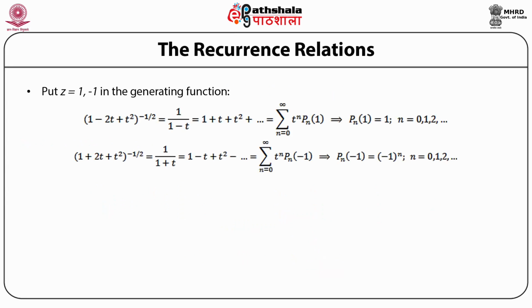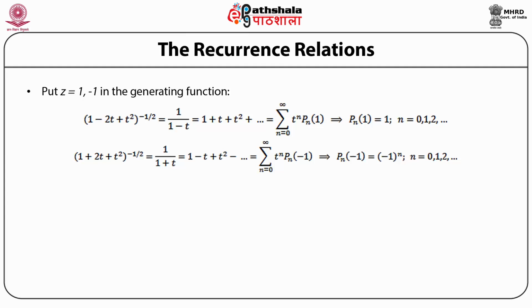If we put z is equal to 1 and minus 1 in the generating function, we get 1 minus 2t plus t square raised to power minus 1 by 2 is equal to 1 divided by 1 minus t, which in turn can be written as 1 plus t plus t square plus so on.